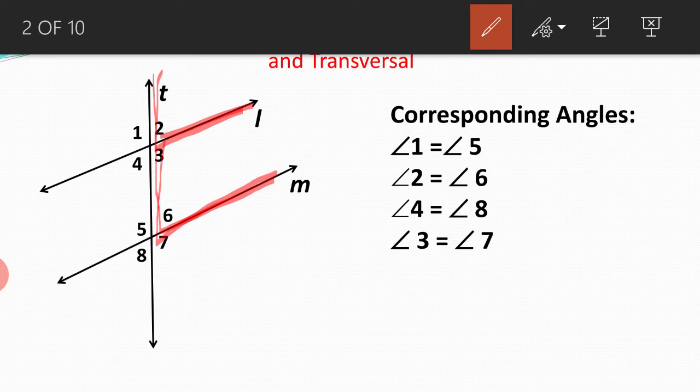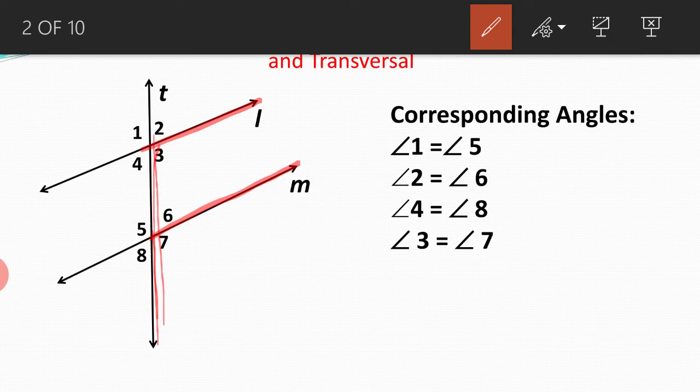Is it okay? Another pair we can observe. Suppose I go for 3 and 7. Angle 3 I have traced and angle 7 I have traced. Again, which shape do you observe? It is F. So F can be seen very clearly, and that F is used as identification for corresponding angles. Isn't it?